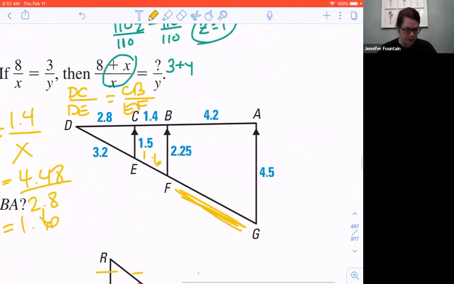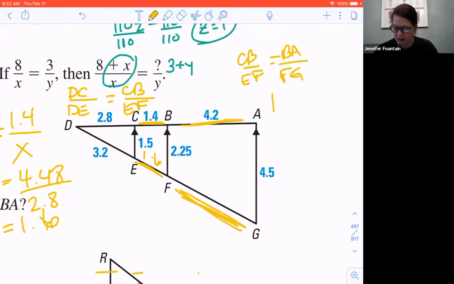So like on this next one, I'm looking at CB over EF corresponds to BA over FG. So CB over EF is equal to BA over FG.